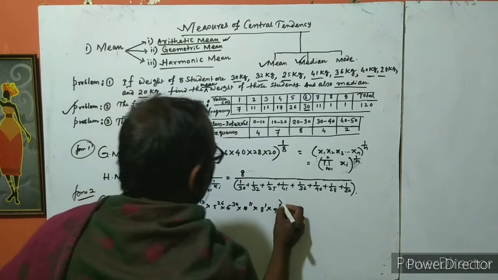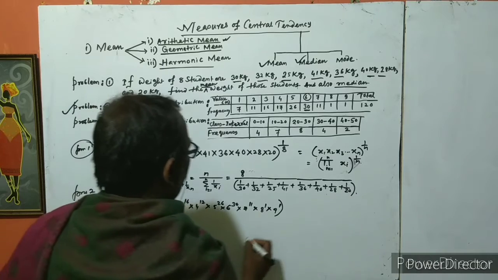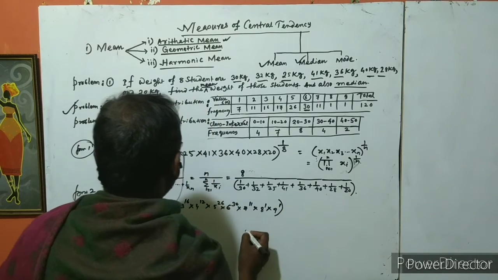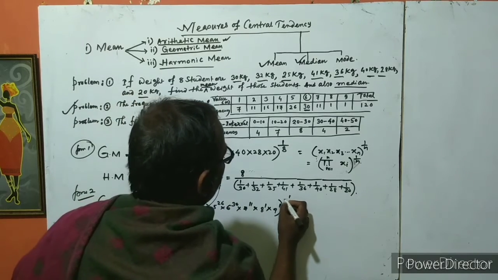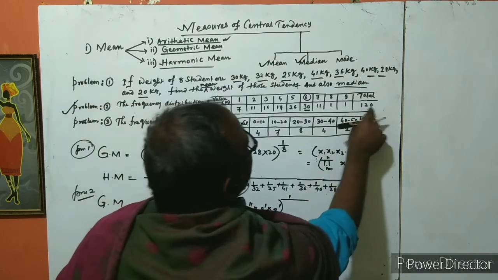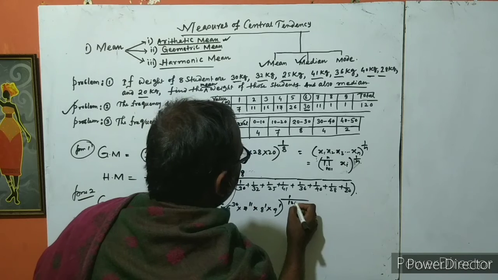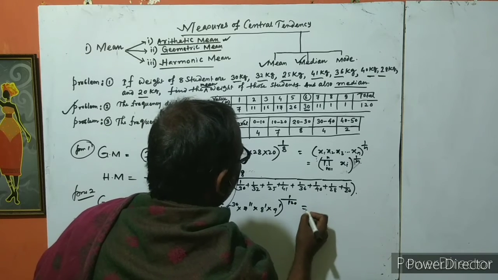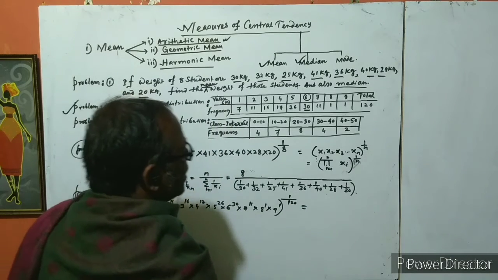This is the whole to the power 1 by the sum of frequencies. Actually the sum of frequencies here is 120. This is your formula when a frequency series is given.